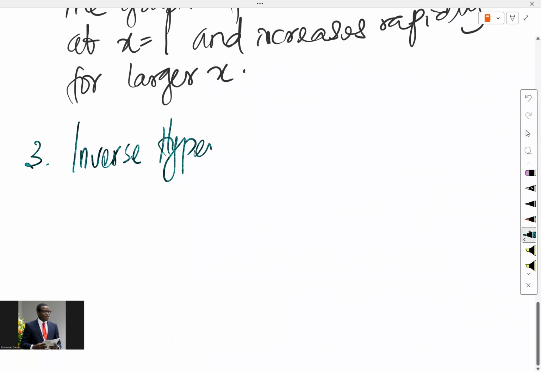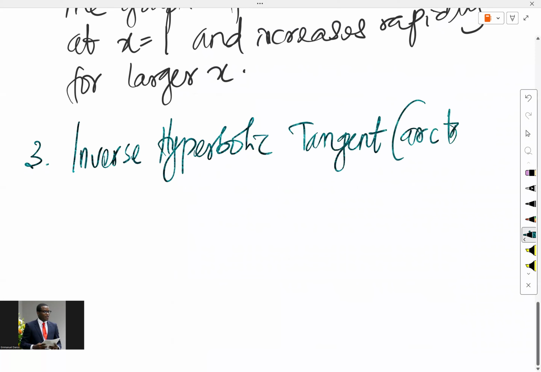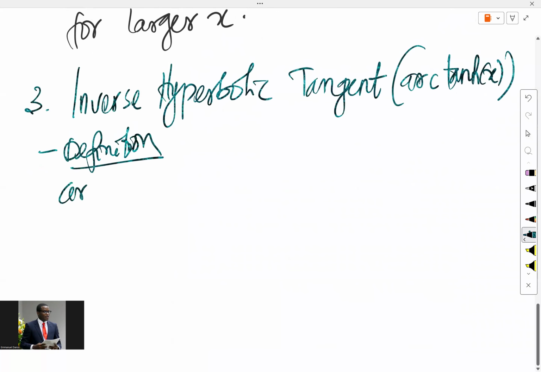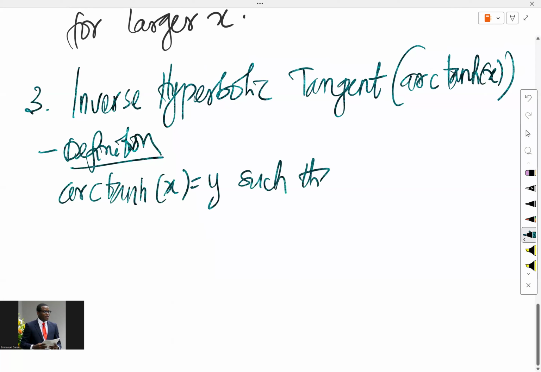That is arctanh x. So first of all, talking about the definition, arctanh x is equal to y, such that tanh y is equal to x.